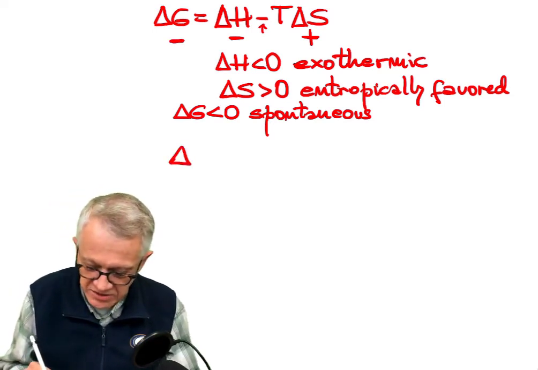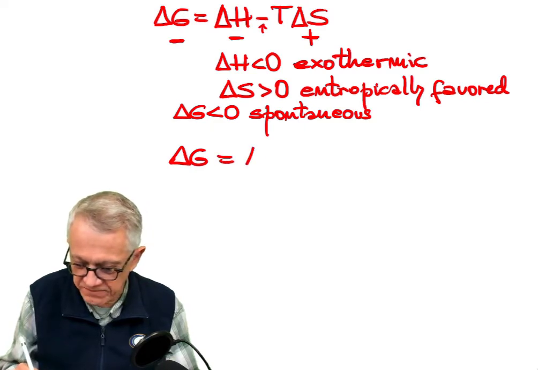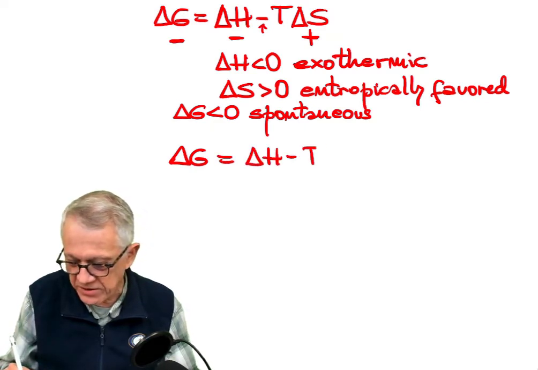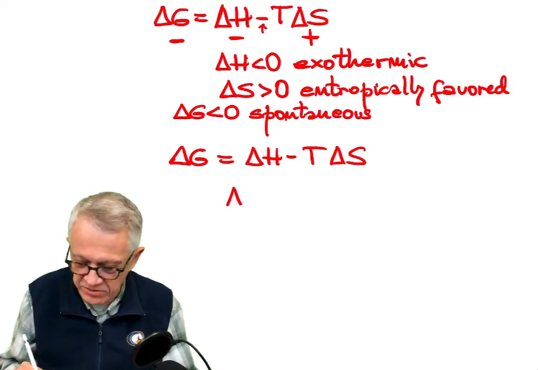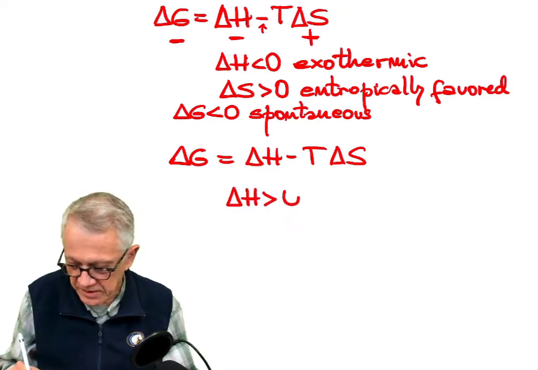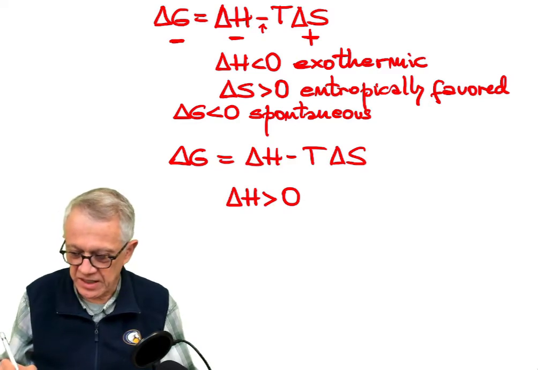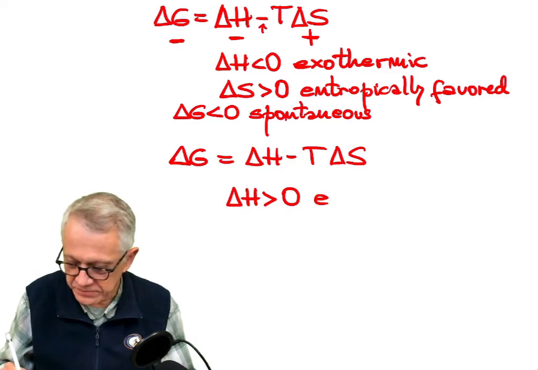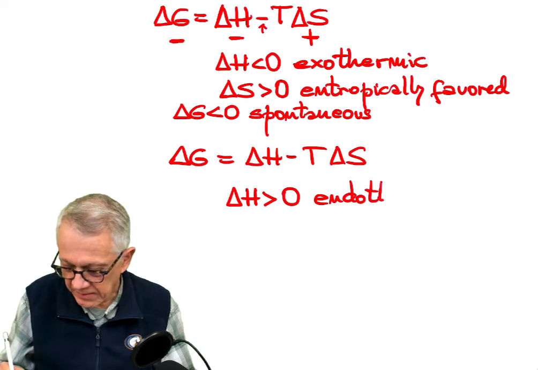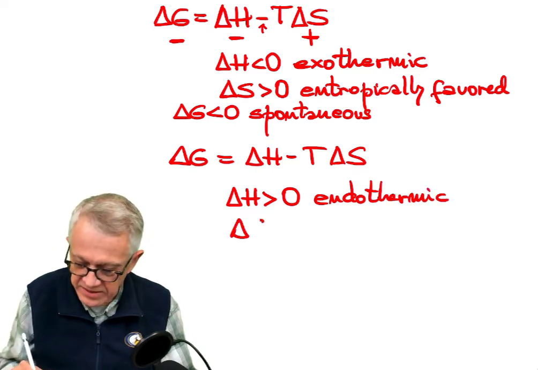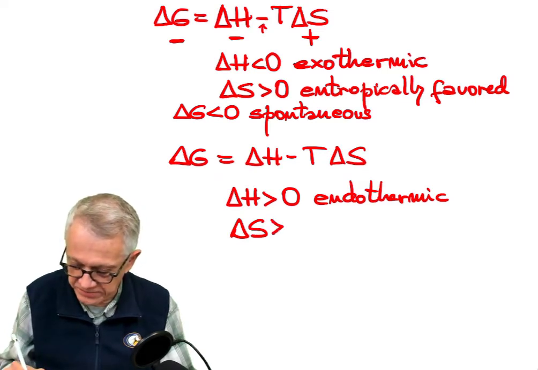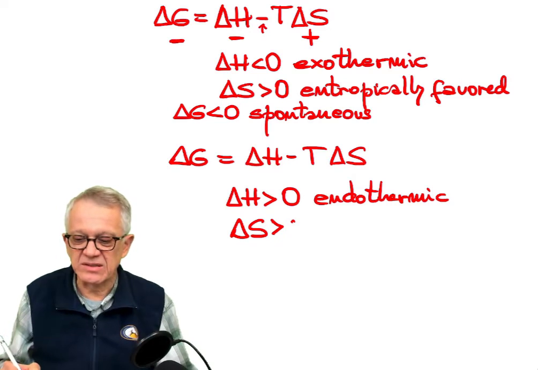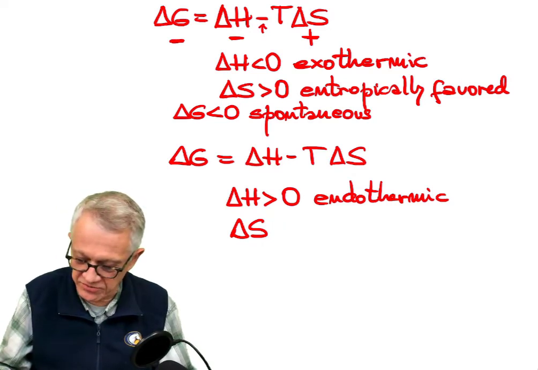Let's look at the other situation here. Delta G equals delta H minus T delta S. This time let's have delta H larger than 0, endothermic, and let's look now at delta S. Let's do the smaller than 0 first.